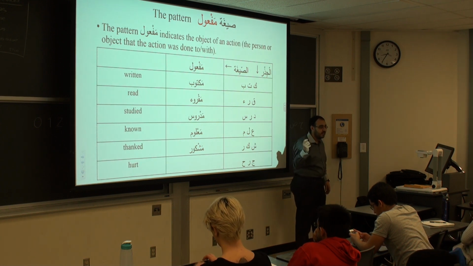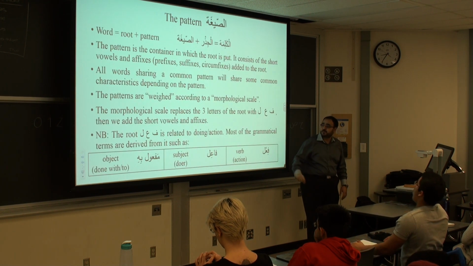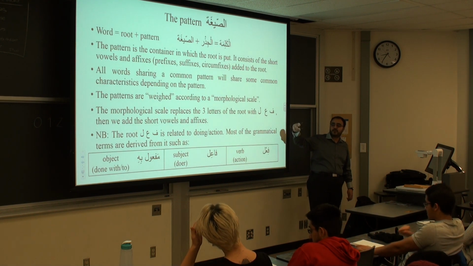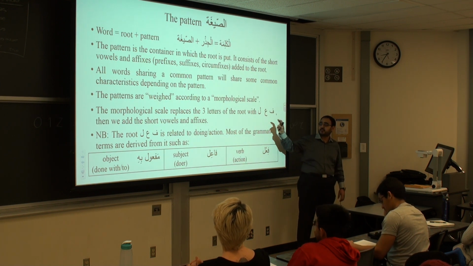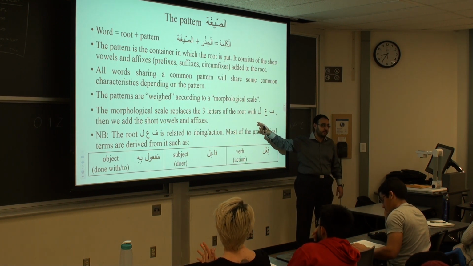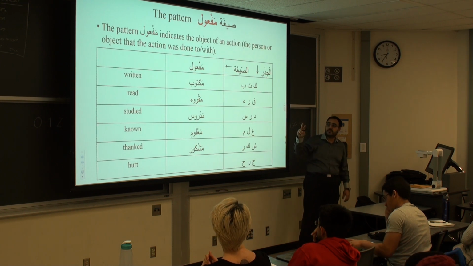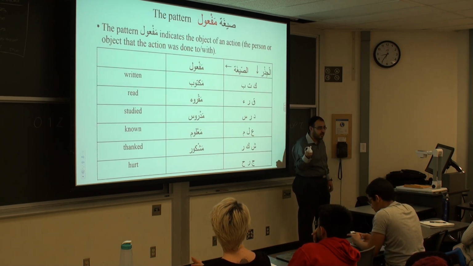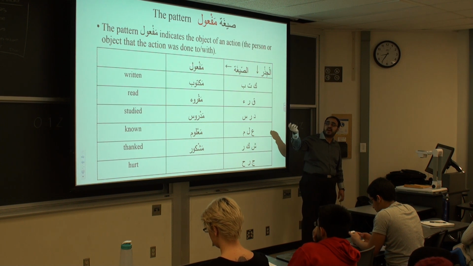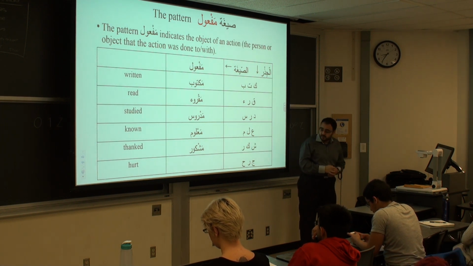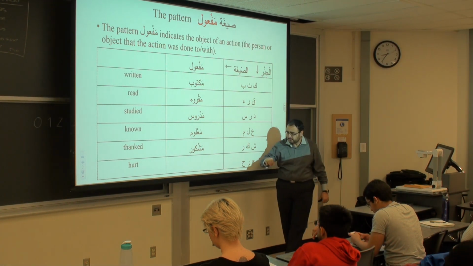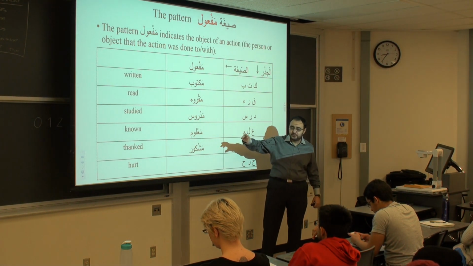Why those ones? Yeah, because as we mentioned, when we are using the morphological scale, we're replacing the three letters of the root with fa, ayn, lam. So in this case, we'll be doing the reverse. We'll be replacing the fa, ayn, lam with the three letters of the root. So you can do it both ways.